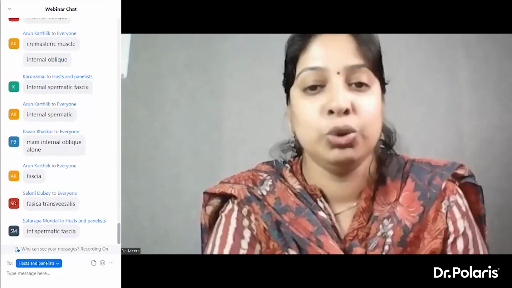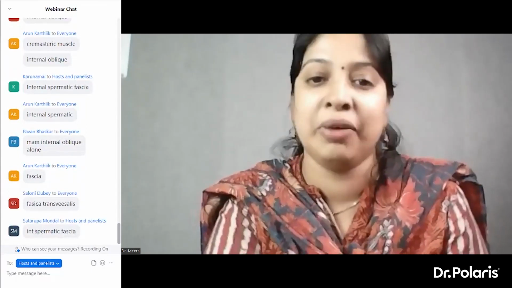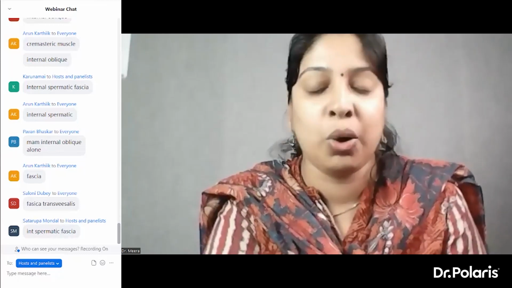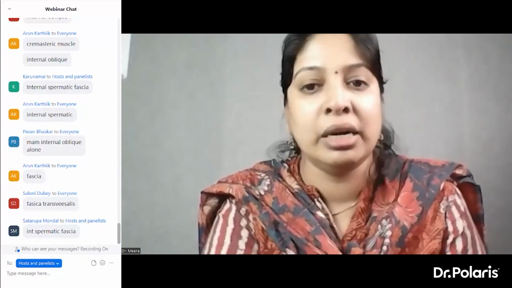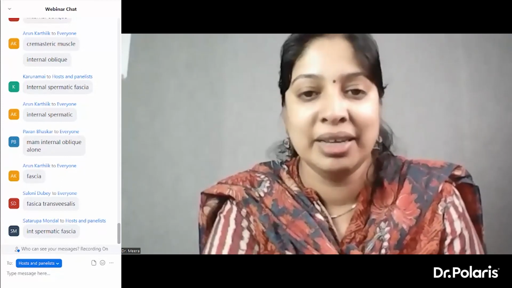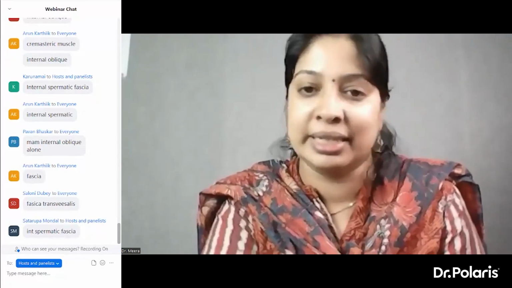So very important. You know the three names of the three coverings? Not enough. You have to know what each is derived from. Where is this covering coming from? So that is the first point. The spermatic cord is about 7.5 centimeters long from deep inguinal ring to the superficial inguinal ring. That means in the entire inguinal canal, you have the spermatic cord as a content.